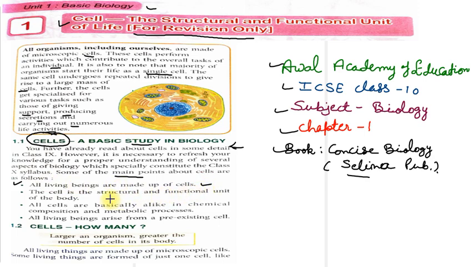As you know, the cell is the structural and functional unit of the body or our life. All cells are basically alike in chemical composition. They are similar in chemical composition, and they are also alike in metabolic processes, right?